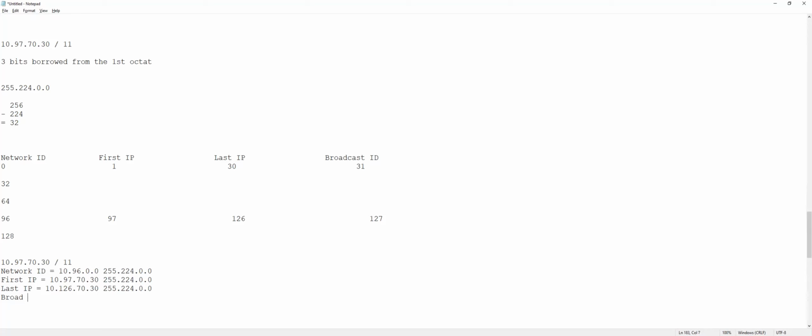Yeah, it should be zero for the network ID and broadcast. Gotcha. And then this is going to be 10.127.255.255, the broadcast ID.